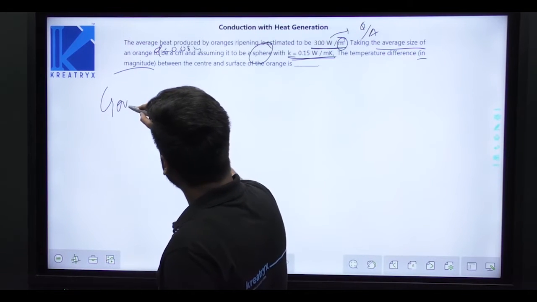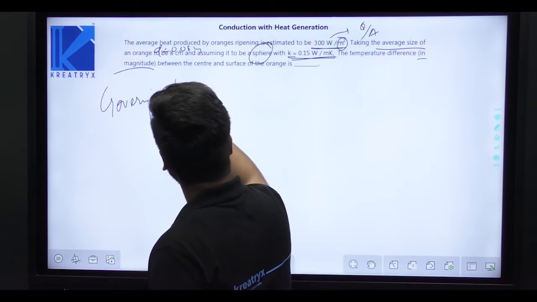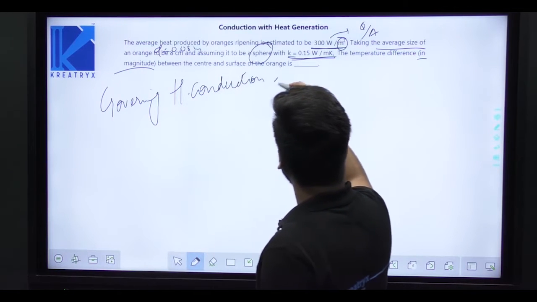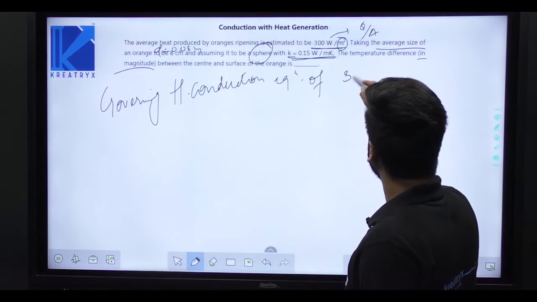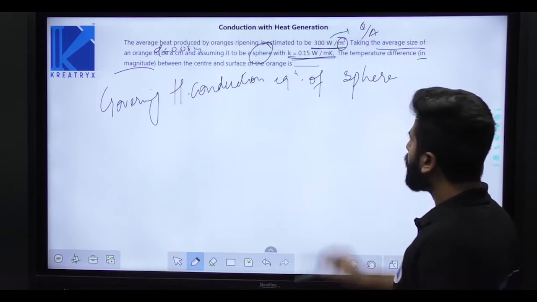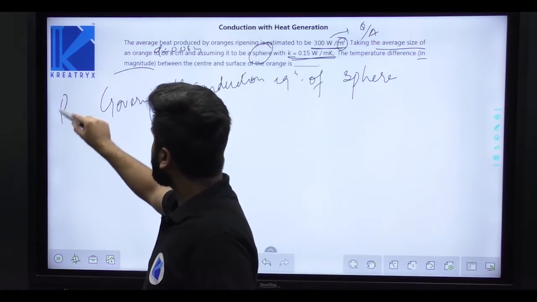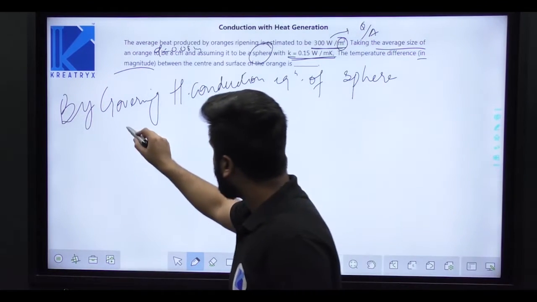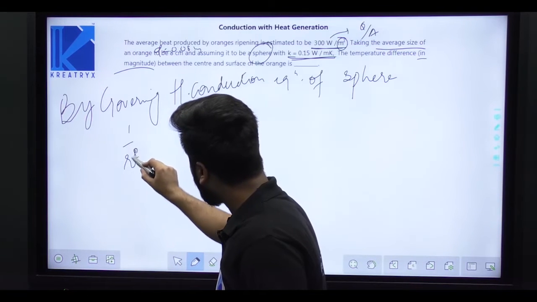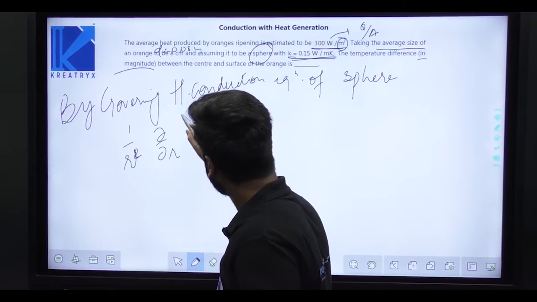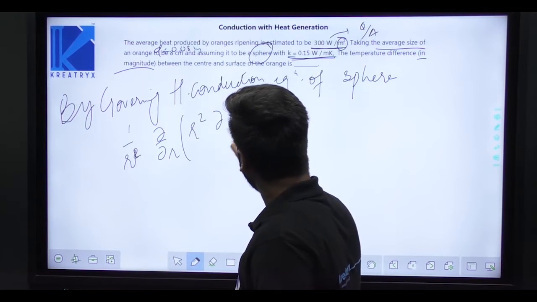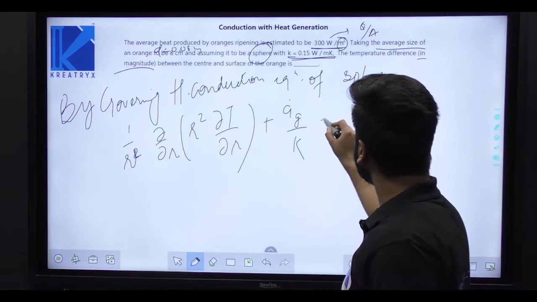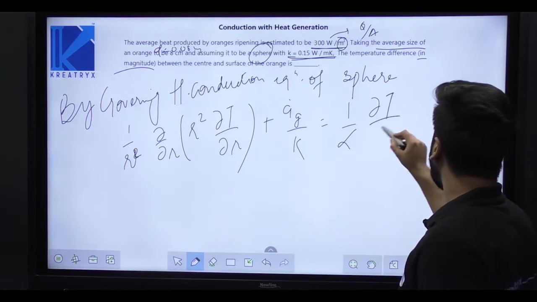This is the governing heat conduction equation of a sphere, which you know is 1 by r square del by del r of r square del T by del r plus q dot g by k is equal to 1 by alpha del T by del t.